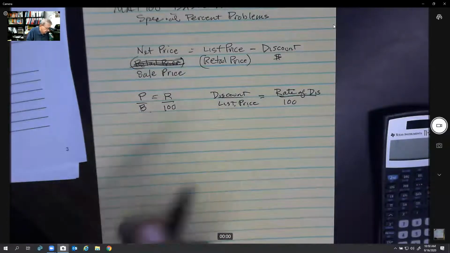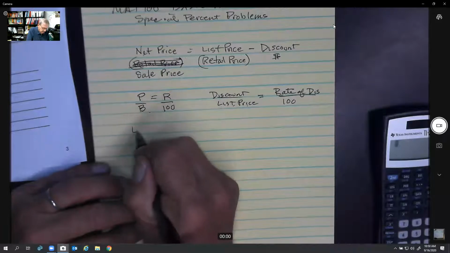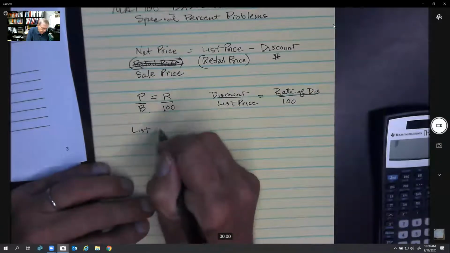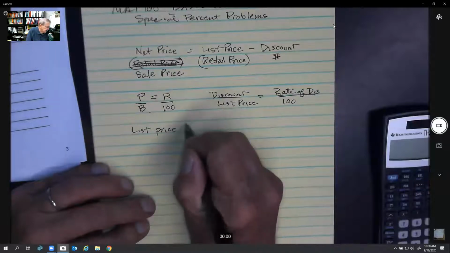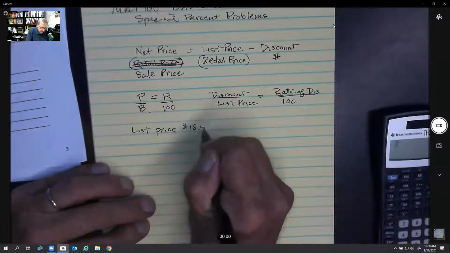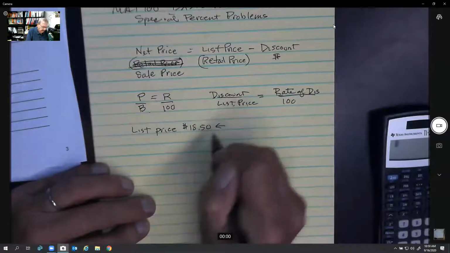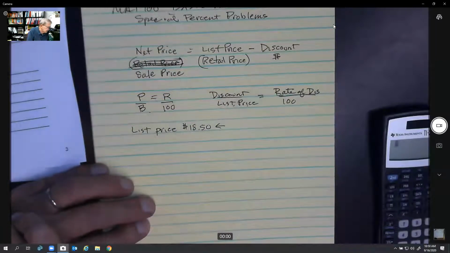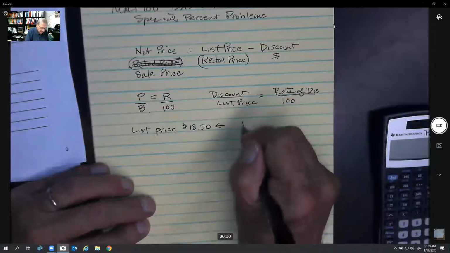Okay. The list price on a tool you're going to buy is $18.50. That's what it's supposed to sell at. And they're going to give you a discount of 20%.